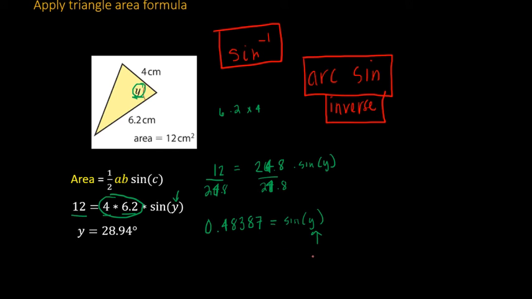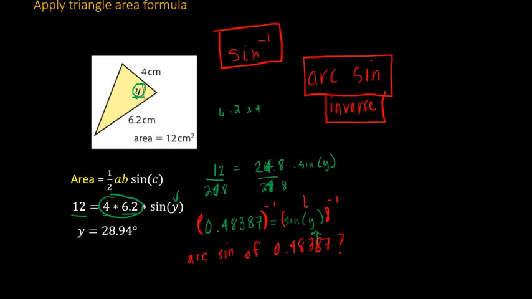And what you would want to do is say, you're looking to find the arc sine of 0.48387, right? And remember, whatever you do to one side of the equation, you're doing to the other. So what's really happening here is we're taking the inverse of the arc sine of both sides.